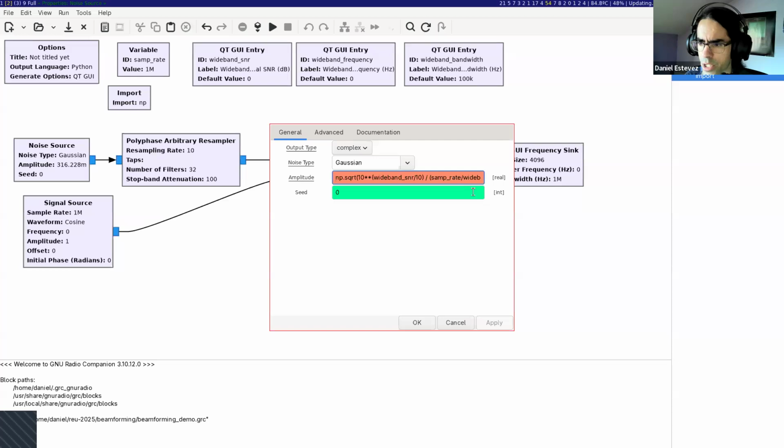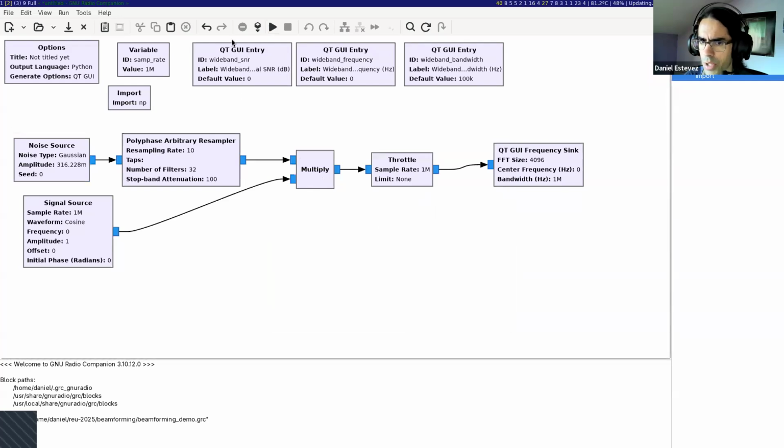I haven't added the noise yet because each of the receivers is going to have its own receiver noise. We have two antennas, so we will have two virtual receivers, and we will simulate the receiver noise in each of them, but it's going to have amplitude 1. So that's the reason that we have the bandwidth here. Anyhow, not too important how to set the SNR appropriately.